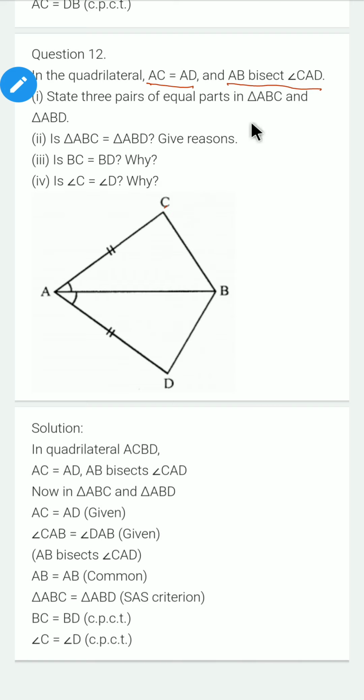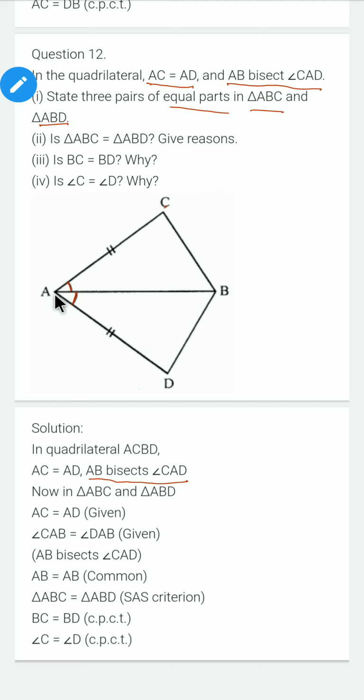What is the meaning of bisector? That means this angle is divided into two parts by this line, so this angle is equal to this angle. Here state three pairs of equal parts of triangle ABC and triangle ADB.